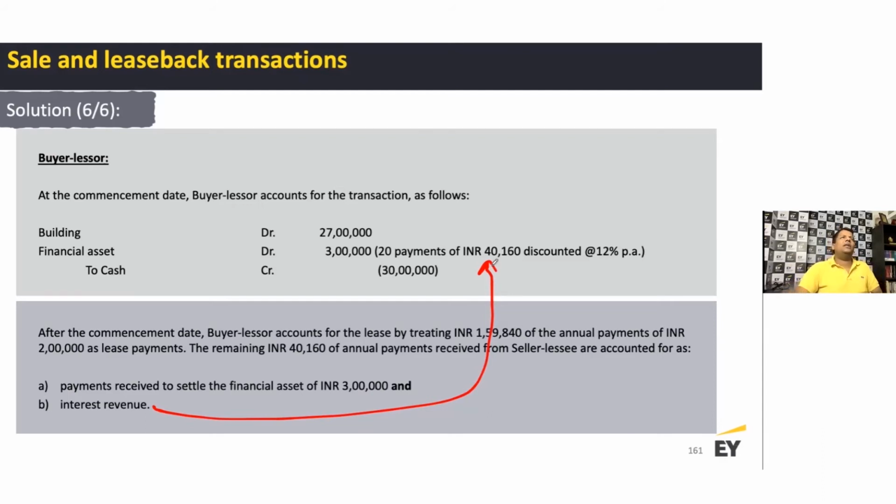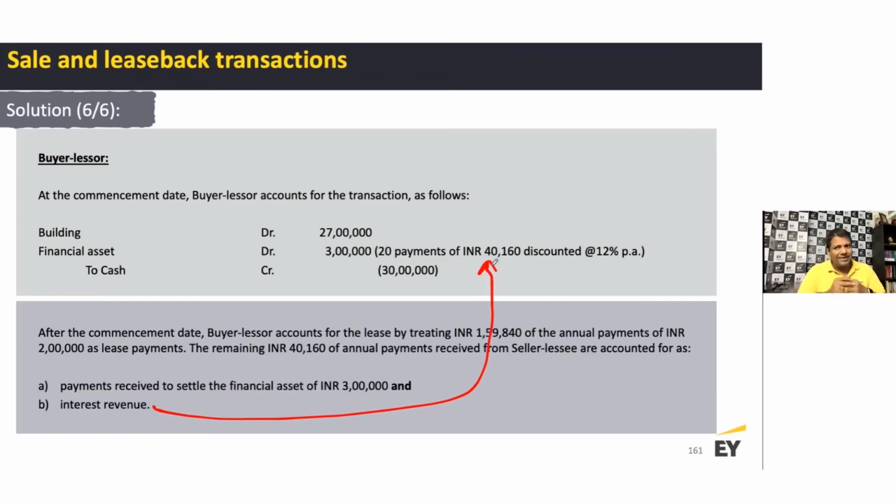So I hope this whole accounting is clear to you. The seller lessor accounting as well as the buyer lessor accounting is not intuitive, especially because you have to spend time to understand how to compute the proportion of the interest. Even though it's a sale, you don't get to record the entire income of 12 lakh rupees. 27 lakh was the fair value, my carrying value was 15 lakh.